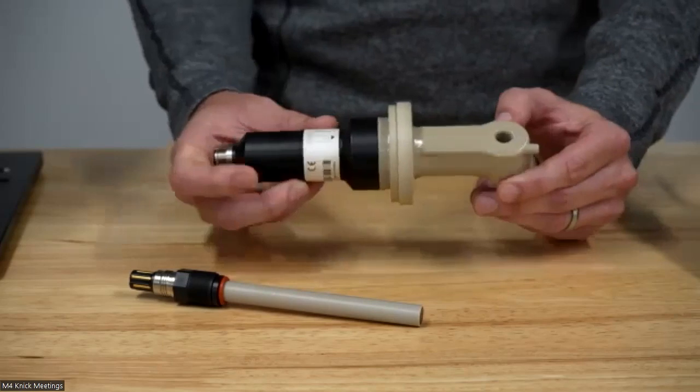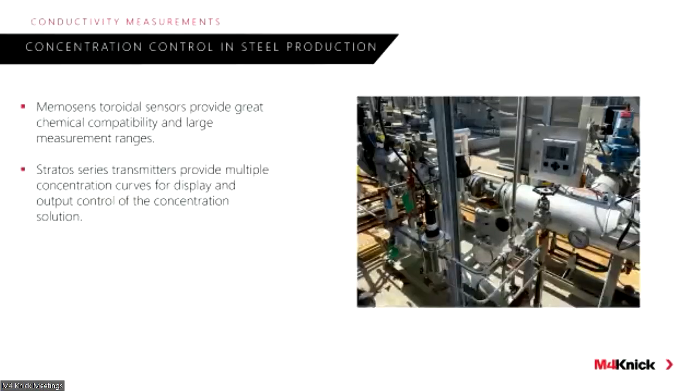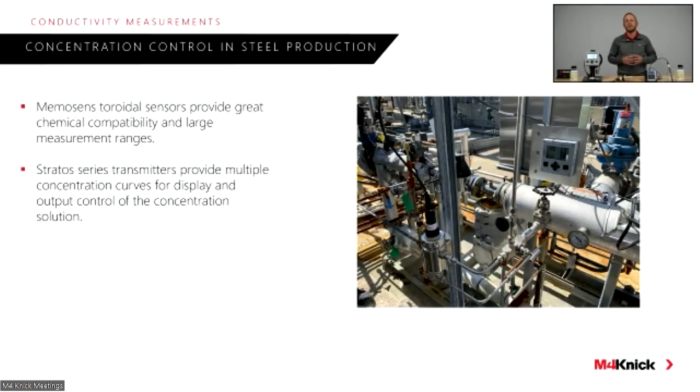So we'll show a couple applications here specific to use with the SE680. One of those specifically is concentration measurements. So concentration measurements lend really well to use with inductive conductivity sensors simply because we're typically measuring concentration of aggressive acids most often, or caustics.